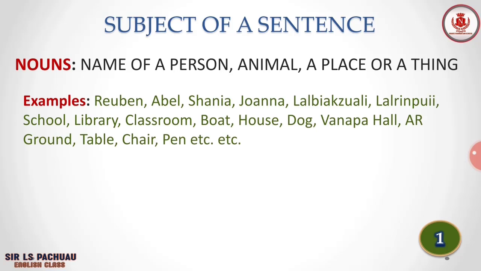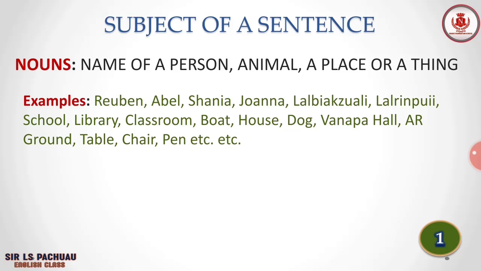Example here, names: Reuben, Abel, Shania, Joanna, Lauren. These are names, so they are nouns. School, library, classroom, these are names of places. Understand? And boat, house, dog.